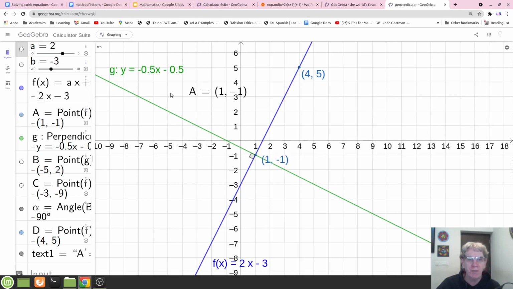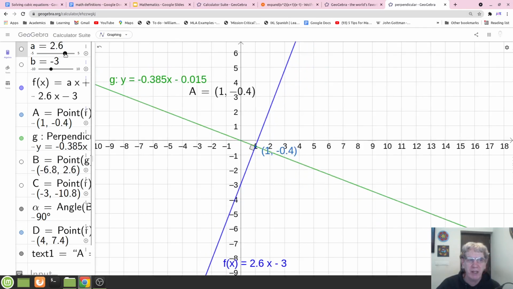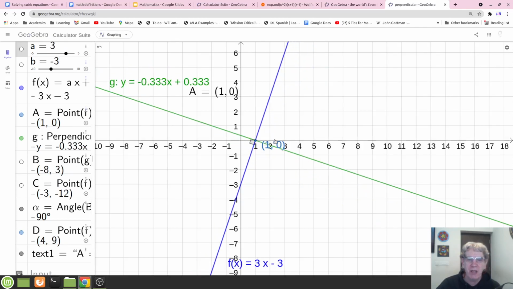So what I'm going to do is change the slope of the line. Now look at the blue line here. The blue line is increasing, so it has a positive slope. And if I make it increase faster, it still has a positive slope, but now the slope is higher.